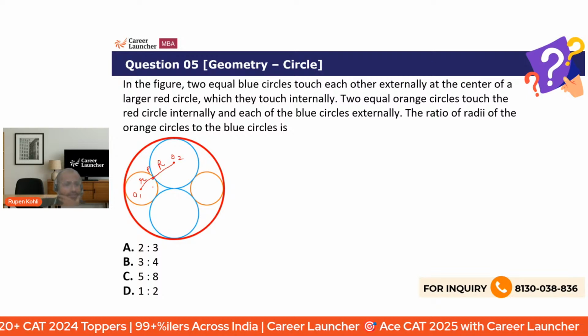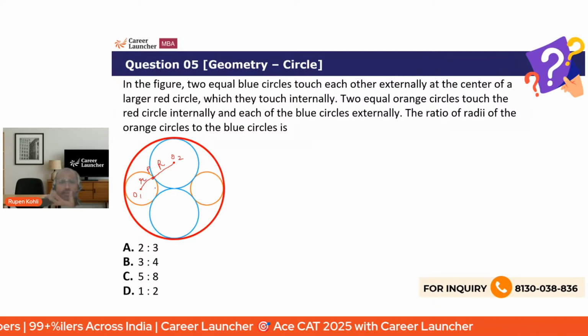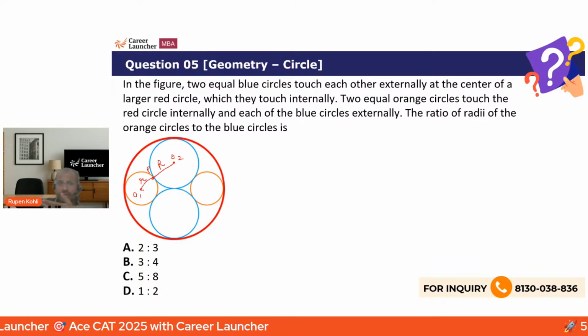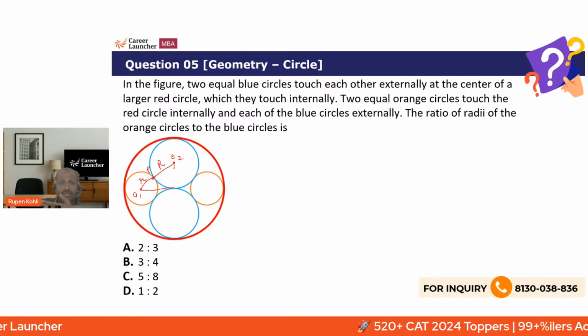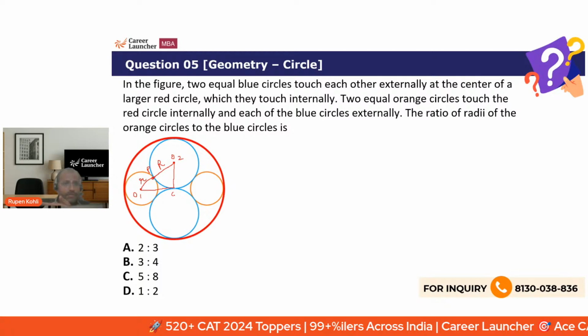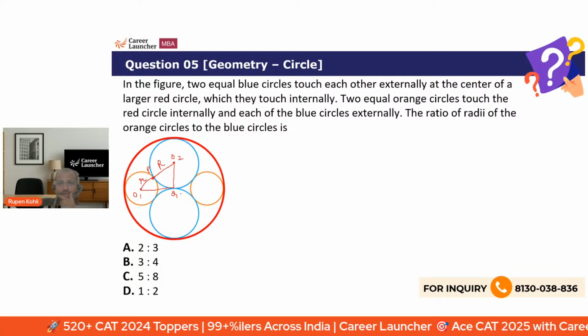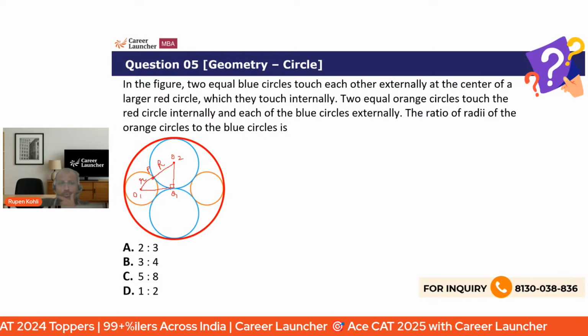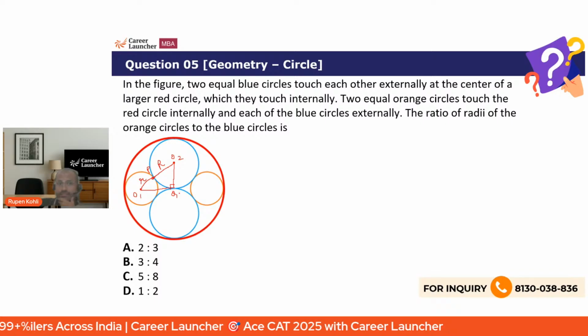We have not yet formed any triangle, but we need to do one more smart thing. These two blue circles which are touching each other at this point, connect these centers to this point, let's say point Q. So obviously this O1O2Q is a right angled triangle, right?